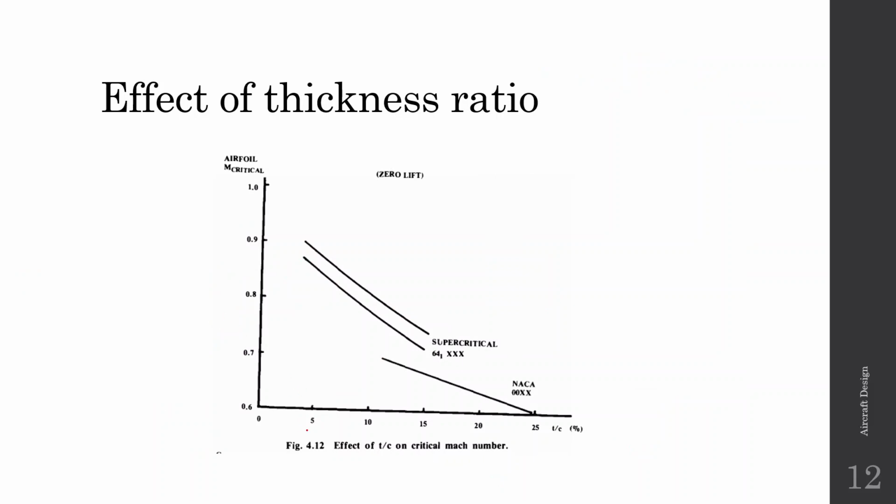Now this is the effect of T by C on critical Mach number. This is MCR, and this is T by C. Intuitively, in the case of a thicker airfoil, the airflow has to divert itself by a larger amount.